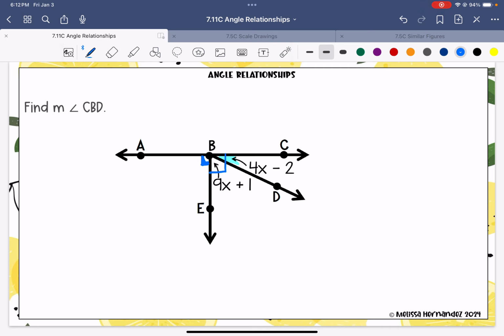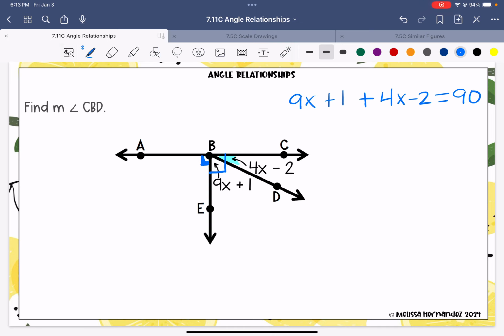So let's first set up an equation so we can solve for x and then determine what the value of that angle is. So it's 9x plus 1, and that's the angle EBD, and you're going to add that to angle CBD, which is 4x minus 2. They both equal 90 degrees.